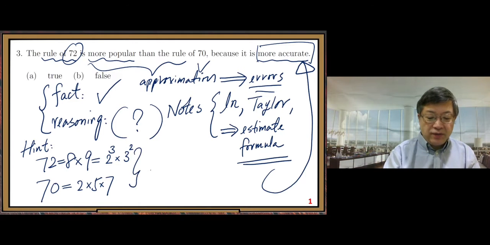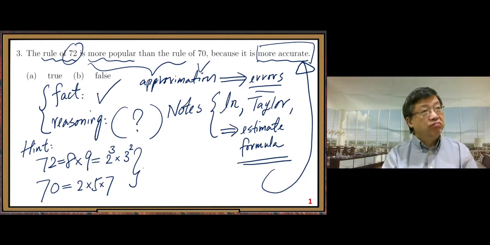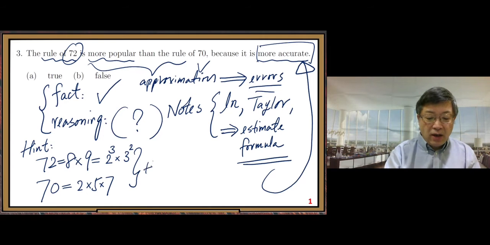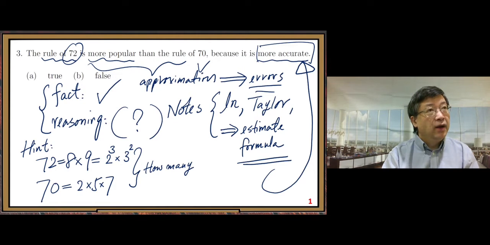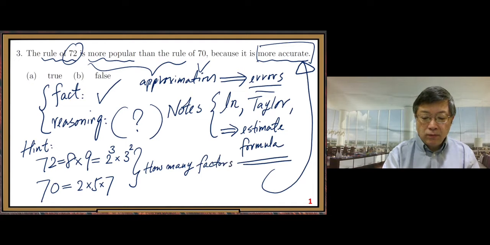So now the question: for each number, how many factors are there in each number?